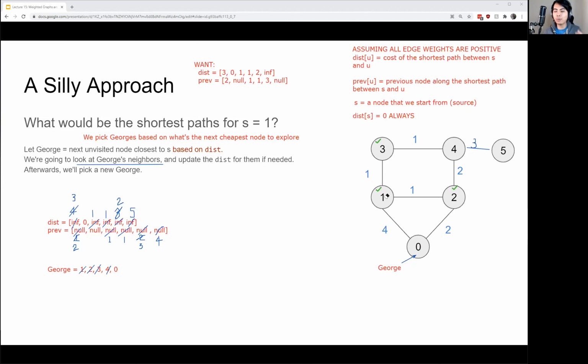We're going to look and say, okay, what's the cost to go from 0 to 1 through 0? Well, the cost will be the cost to get from 1 to 0, which would be 3 here, plus the edge from 0 to 1, which would be 7 total, which is way more expensive than the 0 that we already have. Likewise, to get from 1 to 0 and then back to 2, the cost would be more, so we don't update distance here.